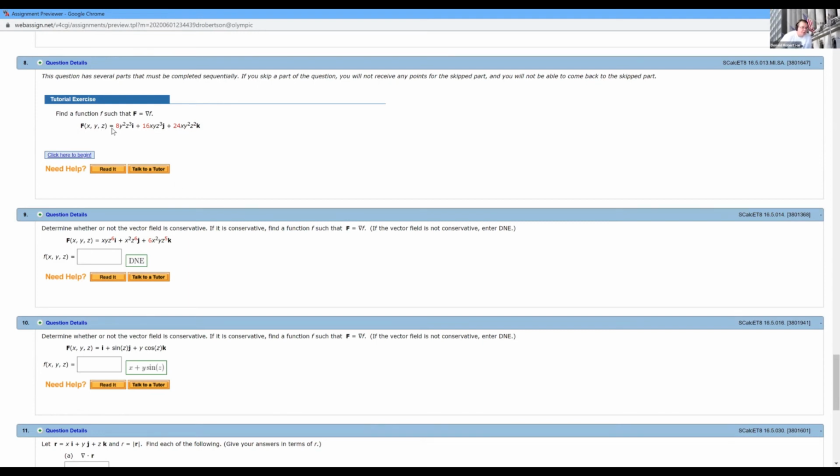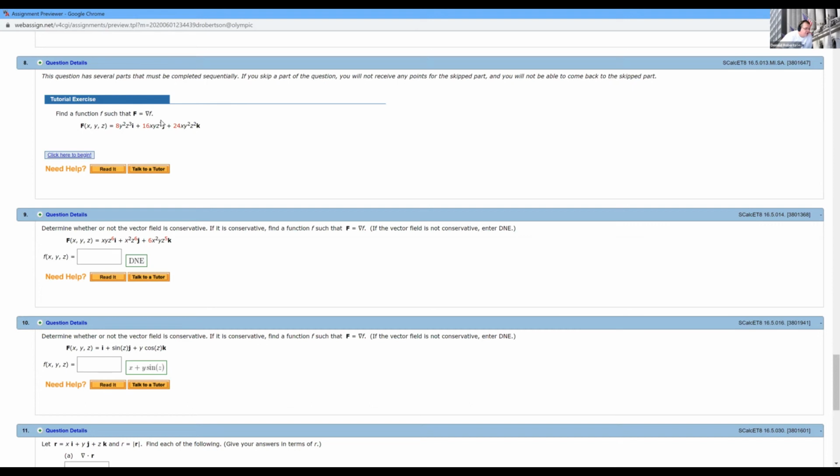Back to the normal, right? Well, almost. Find a function f such that it's equal to that. Can you remember that question? Because that question comes from somewhere else. Aren't you essentially being asked to find the, well, you tell me.